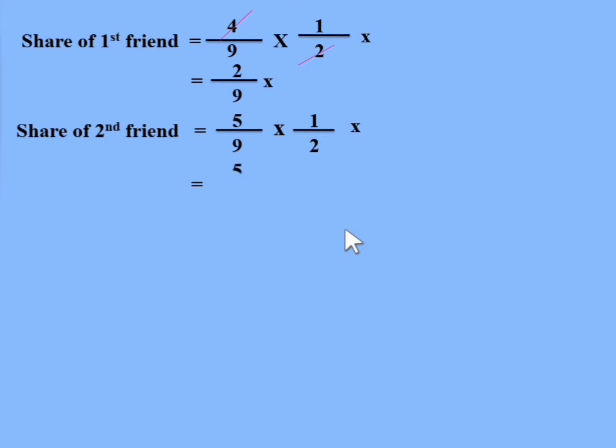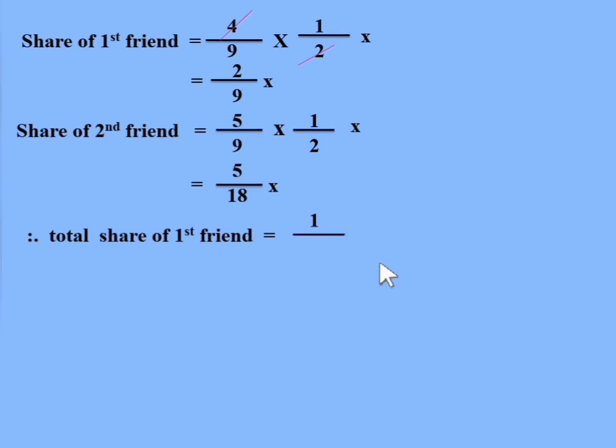Now this is equal to 5 1s are 5, 9 2s are 18. 5 by 18x.